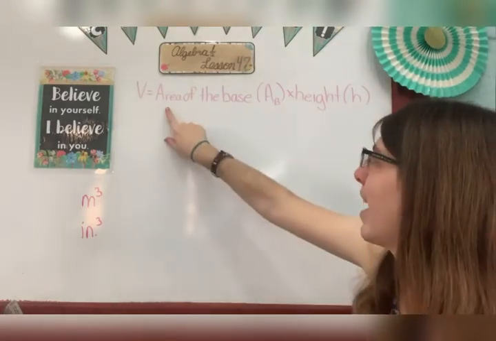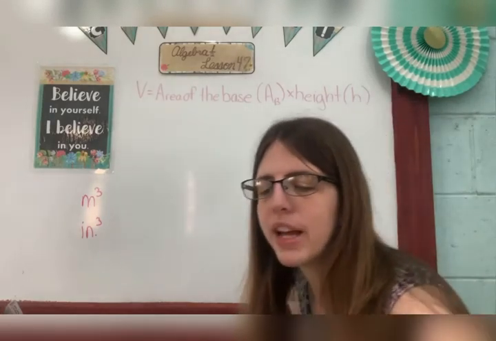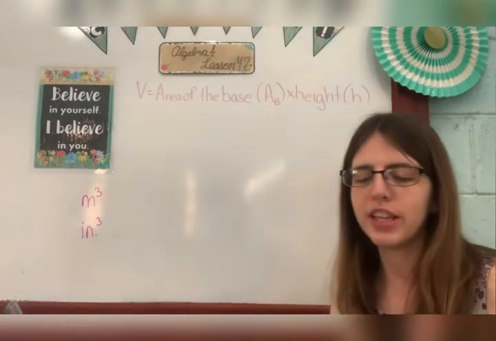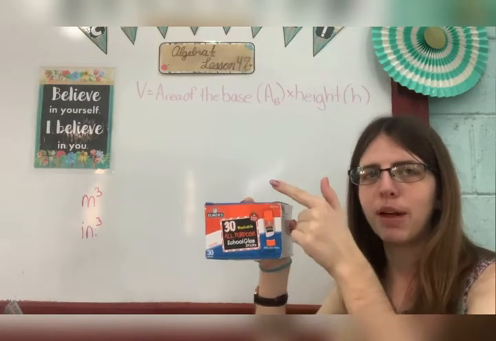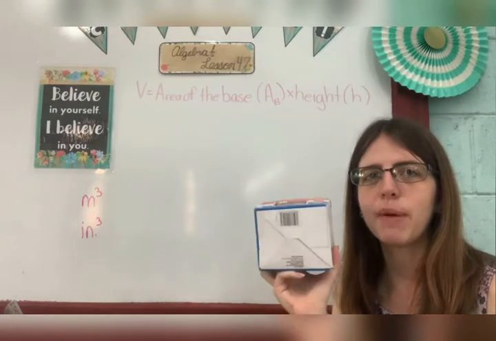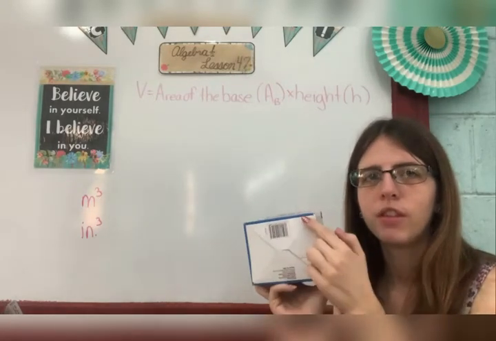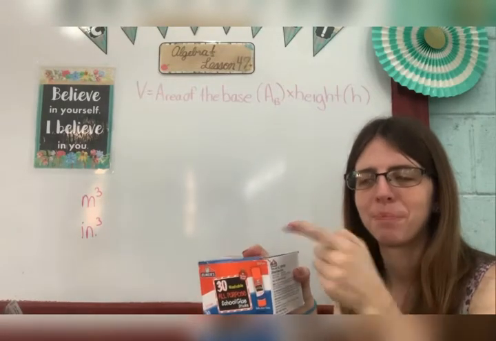So the formula is the area of the base times the height. Because with volume, what you're doing is you're just finding the area of your base, multiply it by your height. That gives you all 3 dimensions because the area of your base gives you 2 of the dimensions, height gives you the 3rd one.